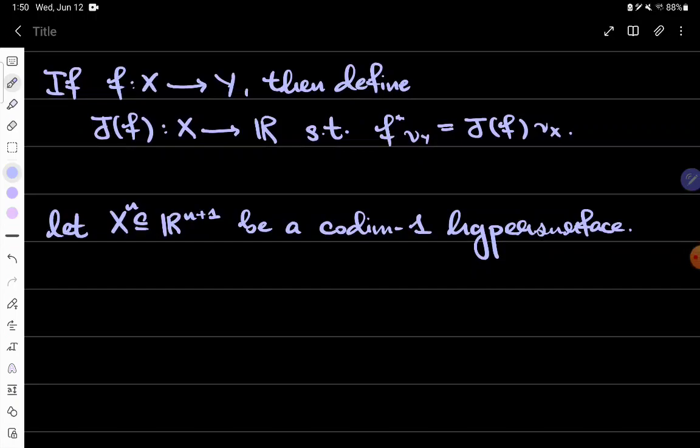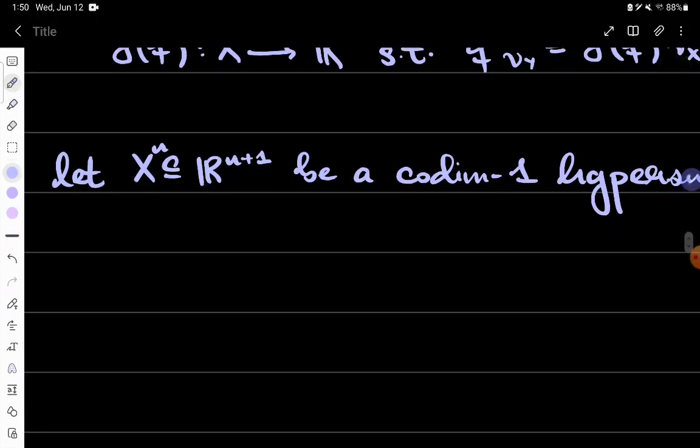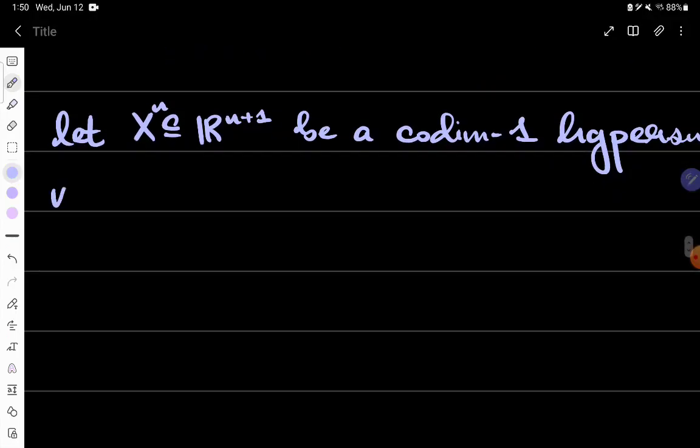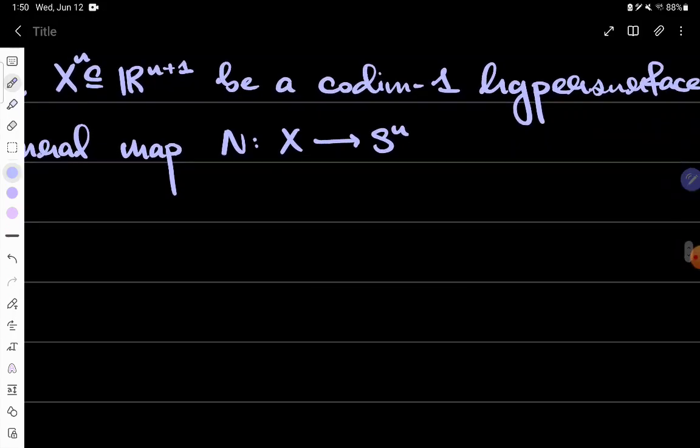So if we have X to be a codimension 1 hypersurface, compact, oriented, etc., as a submanifold of Euclidean space of dimension n+1, we have a natural map that to each point is going to give the direction of the outward unit normal.